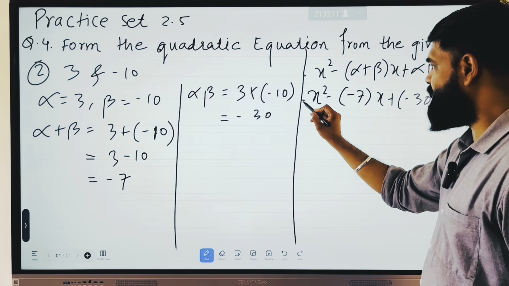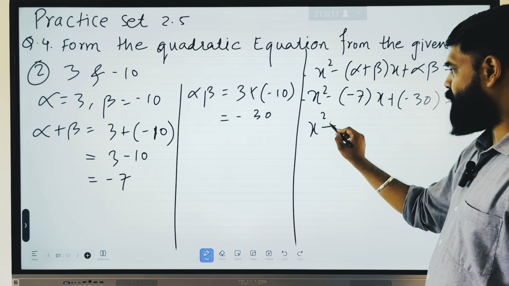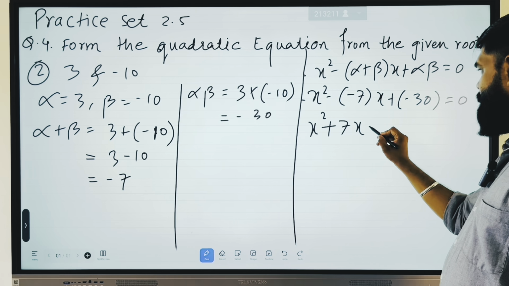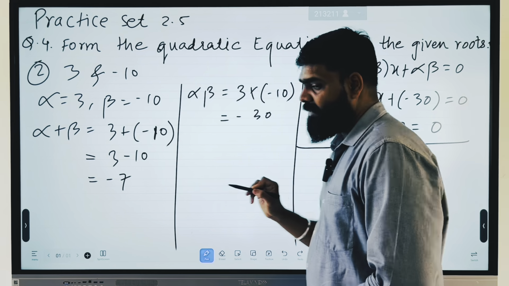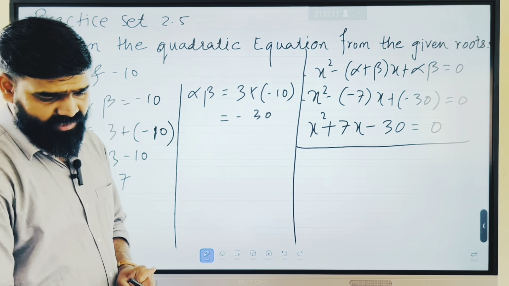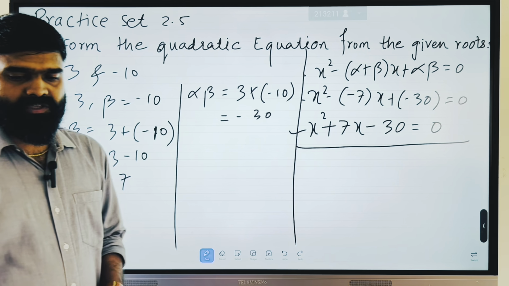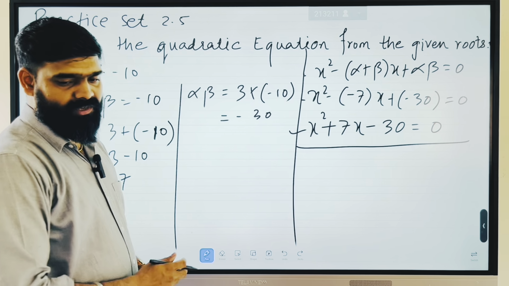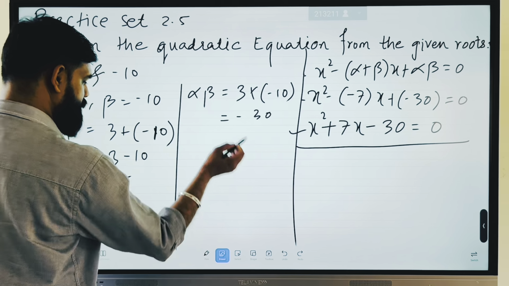Let us simplify this. We will be getting our answer. x squared minus minus will be positive 7x minus 30 is equal to 0. So this is the required quadratic equation, x squared plus 7x minus 30. So this was question number 2. In question number 3, we have other roots.